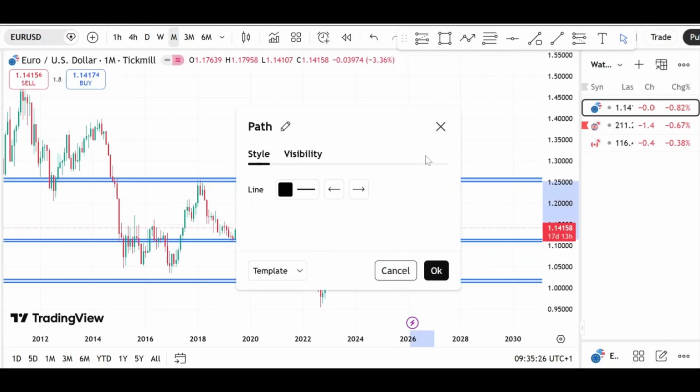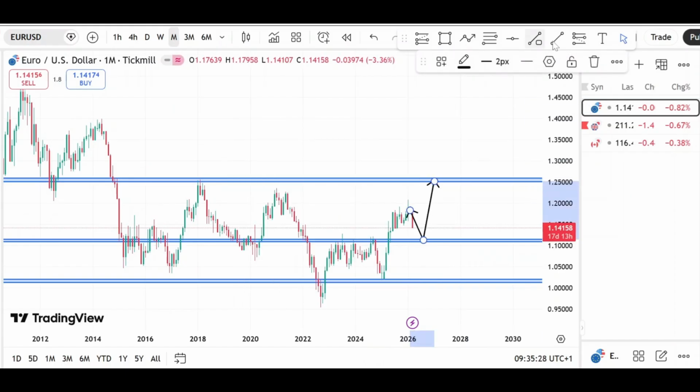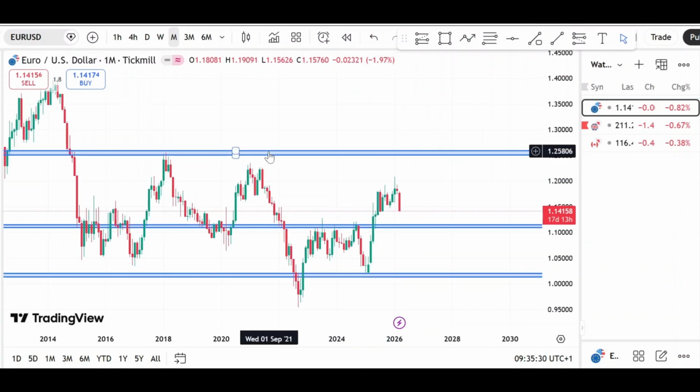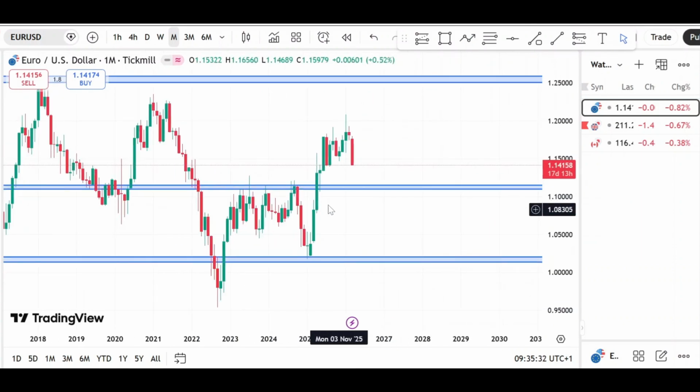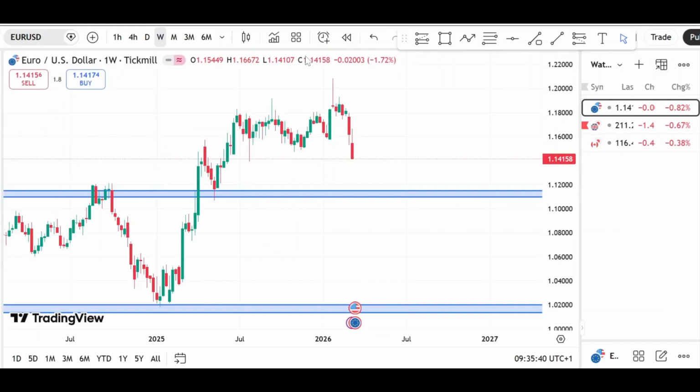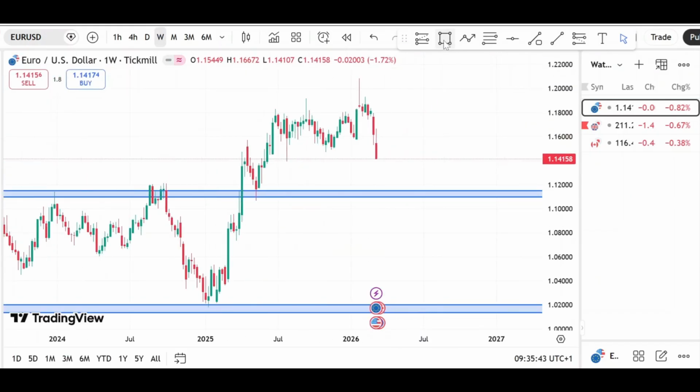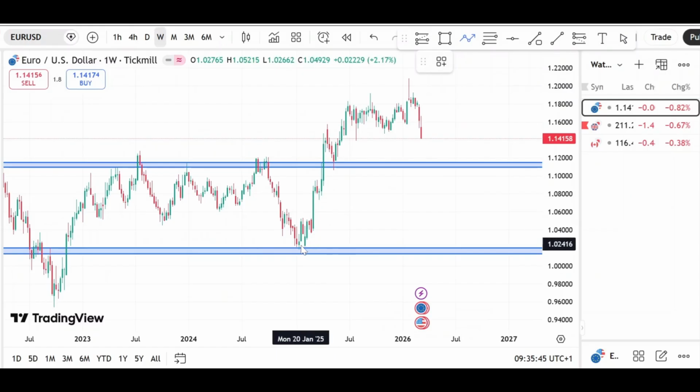Let's go to the weekly time frame to see what is going on, because as you can see here we have liquidity, since this monthly zone is not retested. We have been in an uptrend.